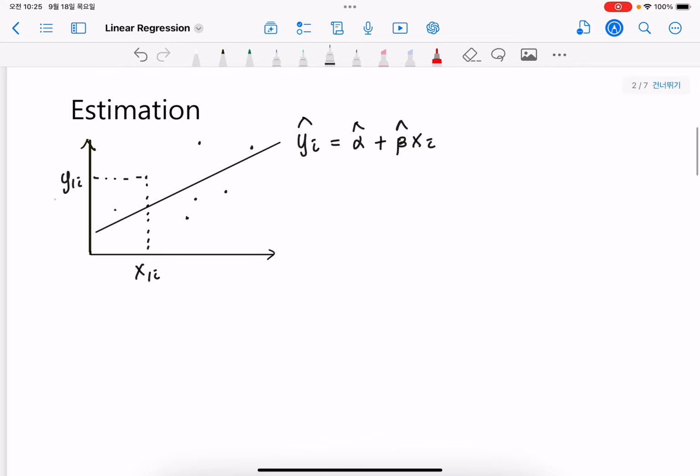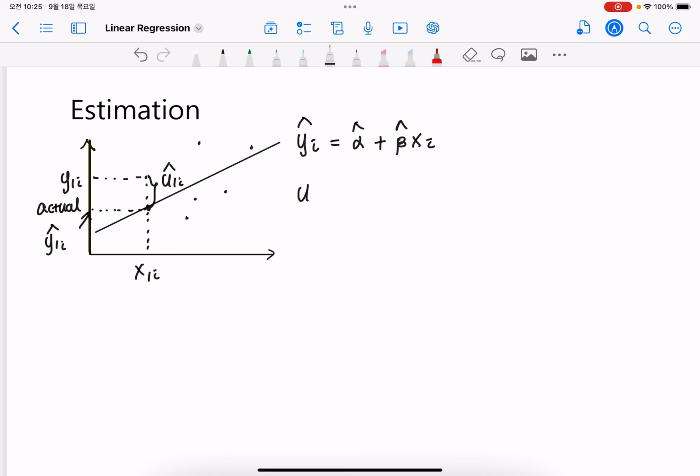This is, by the way, the actual value of y. And then here, the y under the regression line will be the y hat, and more specifically, y1 hat given x1i, right? So this difference is called the u1i hat, okay?